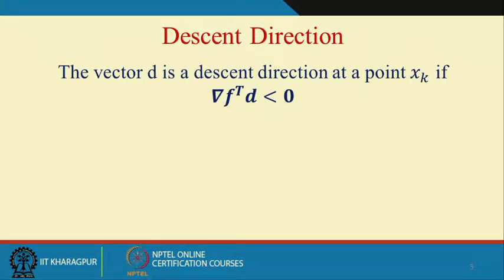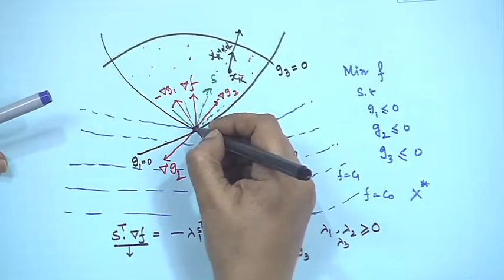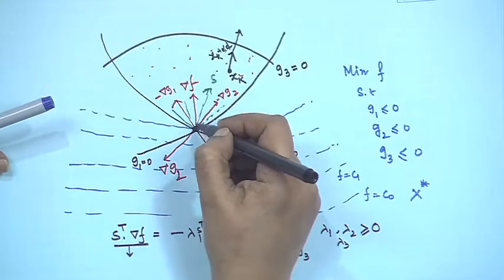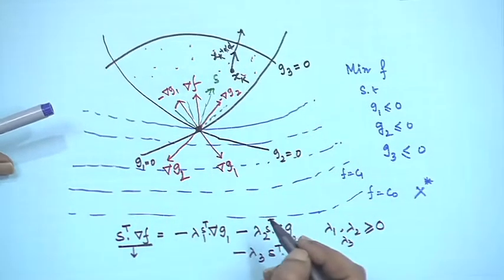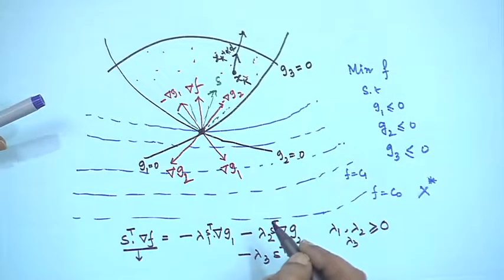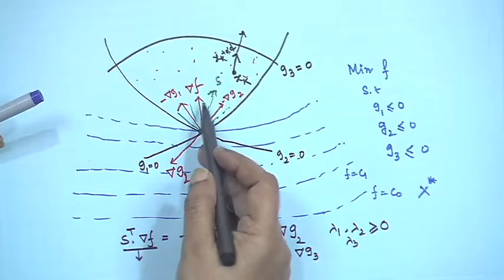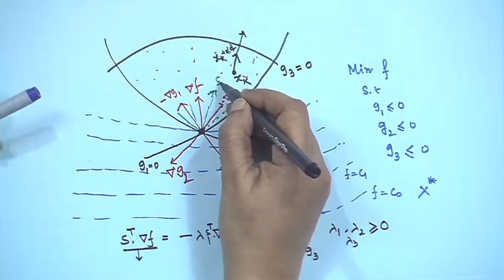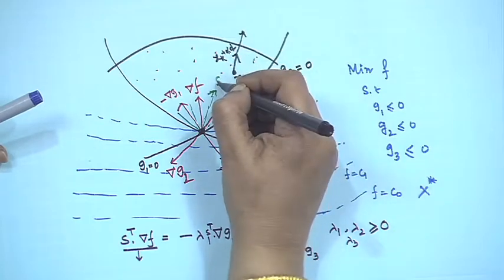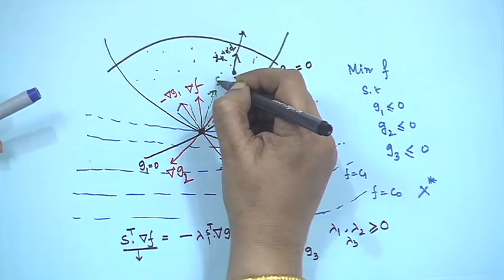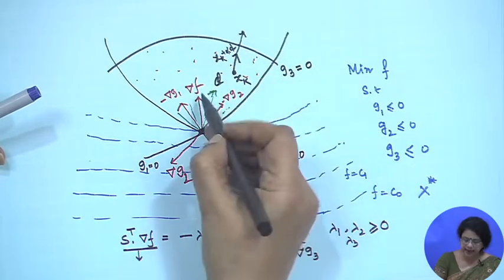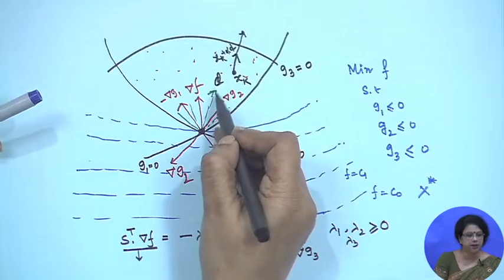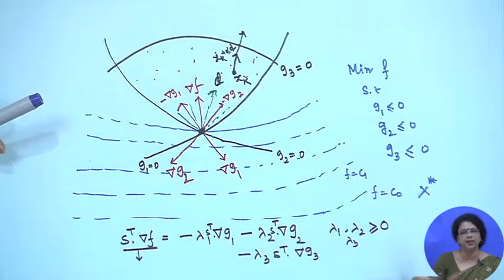Now, another part is that we know that in this direction the objective function value is increasing. That is why we can say that in this direction grad f dot, instead of s, here we are calling the feasible direction d, the grad f dot d must be greater than 0.